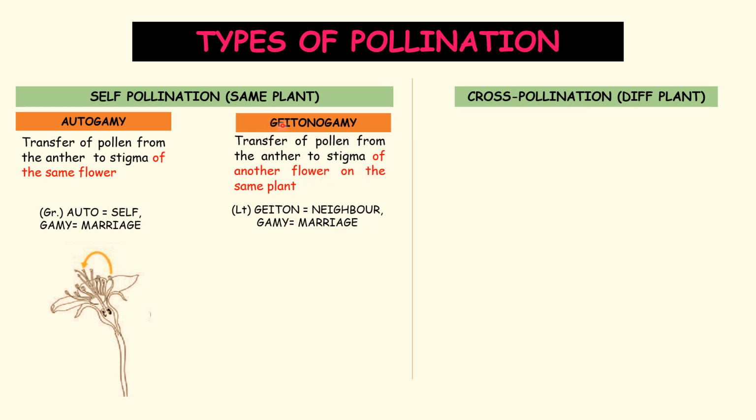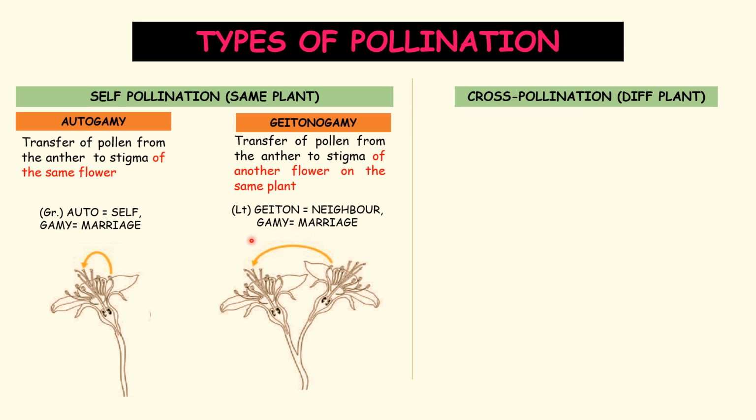So since it is in the same plant, it is a type of self-pollination, but in case of geitonogamy, the anther and stigma are in the neighboring flowers, something like this. So both of these flowers belong to the same plant, whereas the movement of the pollen happens from the androecium of one flower to the gynoecium of another flower, but in the same plant.